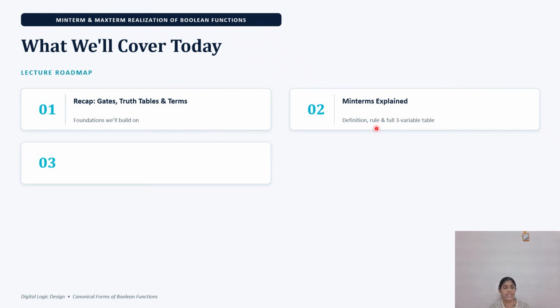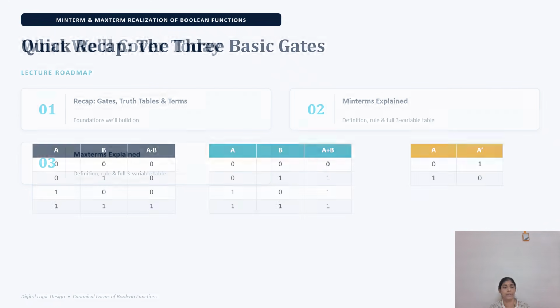In the third session, you will learn the Maxterm explanation: the definition of Maxterm, the rules you have to follow, and the full 3 variable table.